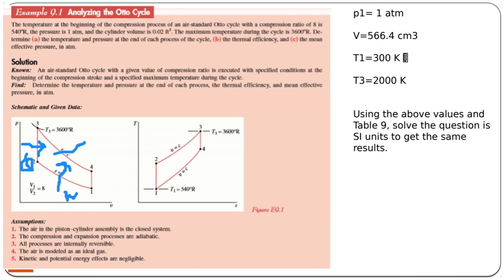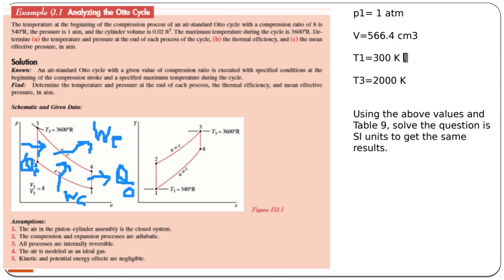Then from 3 to 4, we have expansion work. So this one is WC, this one is WE, and the net of the expansion work and compression work is net work. Then we have to cool the gases, which represents the exhaust of the gases. So we have Q in, Q out, WC, and WE.